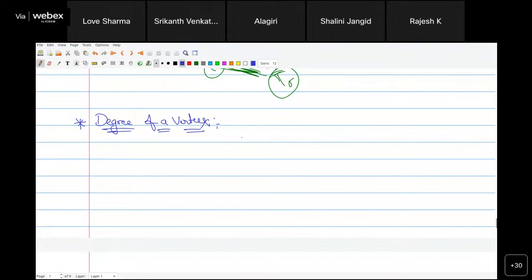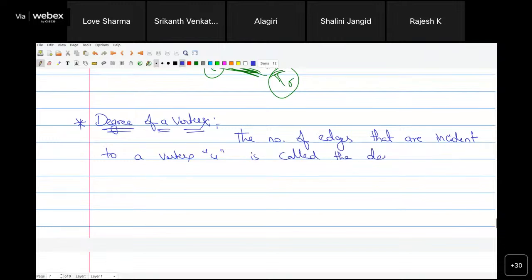So degree of a vertex means the number of edges that are incident to a vertex U is called the degree of U in an undirected graph.